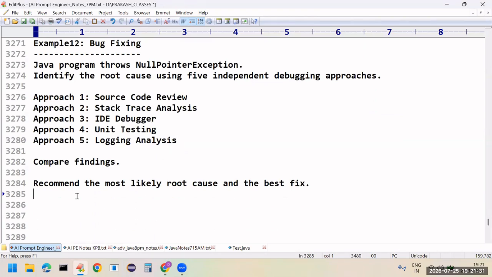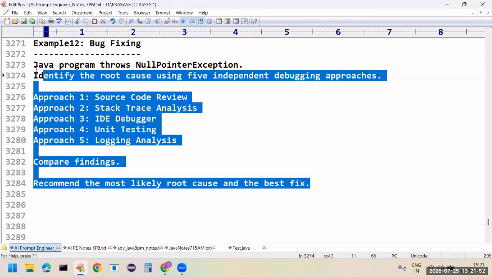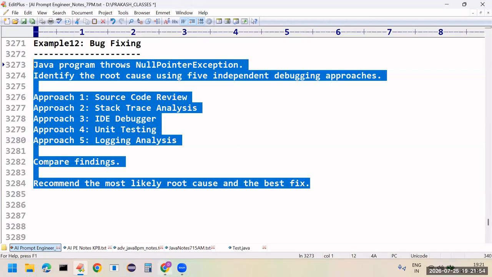Identify with 5 different approaches. Approach 1, source code review: take the source code and review it. The second one, stack trace analysis. The third one, IDE debugger. The fourth one, unit testing. The fifth one, logging analysis. Compare the findings, recommend the likely root cause and best fix.